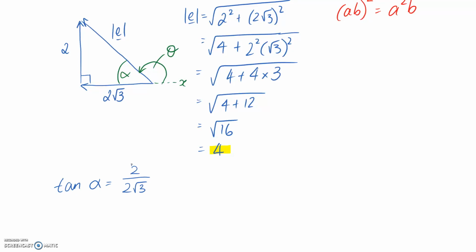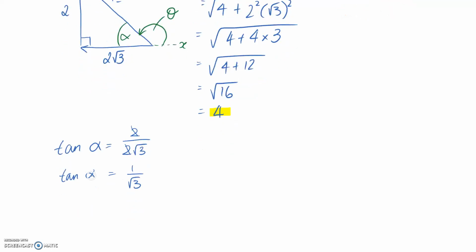The 2 on the top line cancels with the 2 on the bottom line, so this just becomes 1 on square root 3. What we want to find is alpha, so we're going to need to use our standard triangles if we don't have a calculator, to figure out what angle would fulfill this relationship.